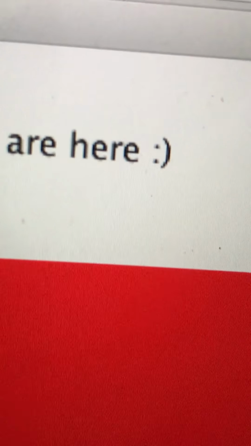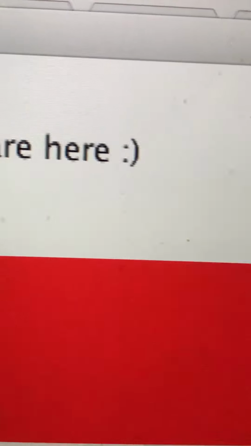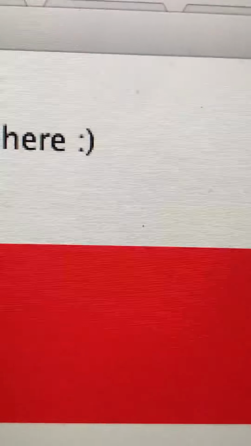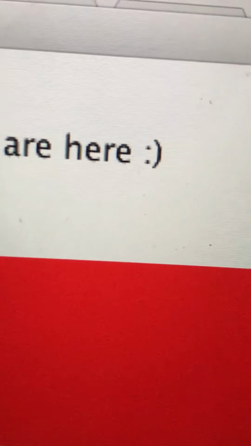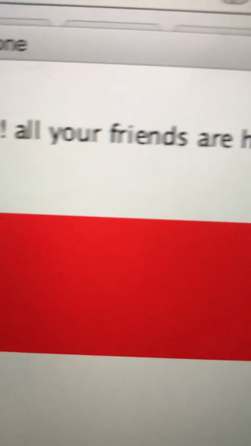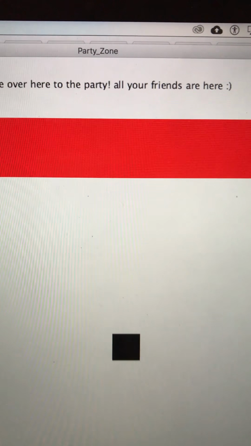The colon right there represents the unblinking, soulless pupils of a bleached eye. Two eyes, actually. And the closed parentheses right there is kind of a ghoulish grin that takes up about half the face. Freakish. So in total, that's, come over here to the party, all your friends are here.